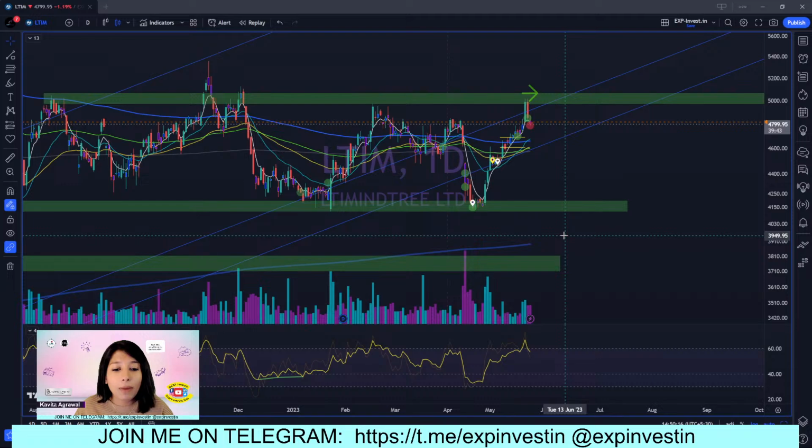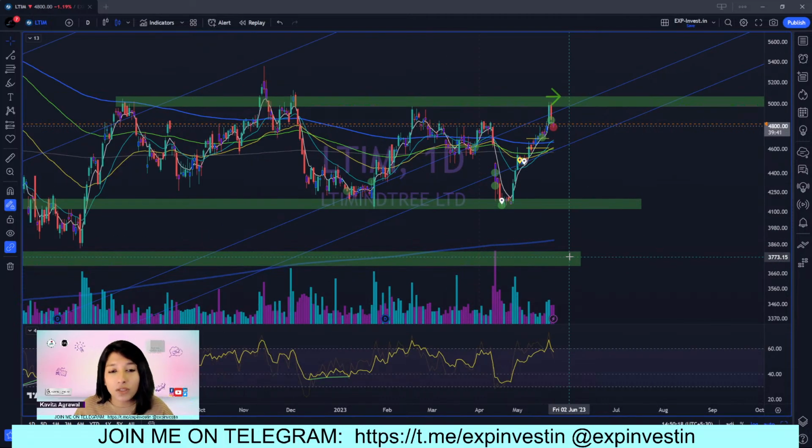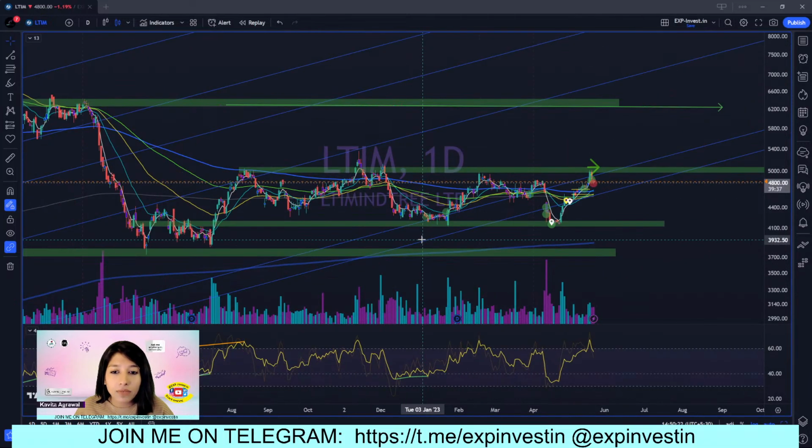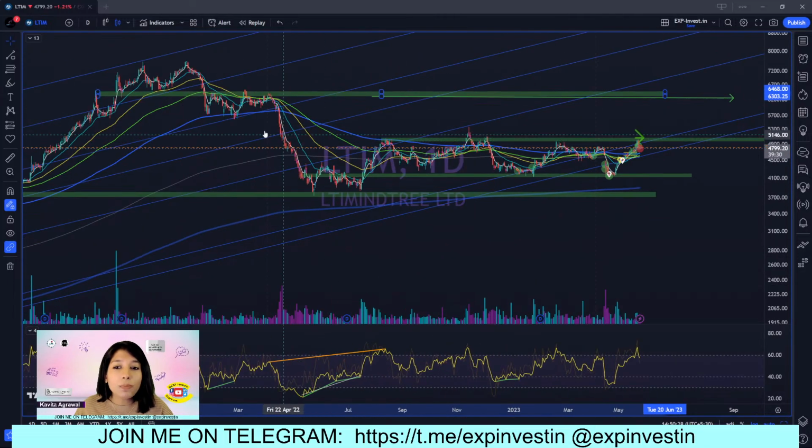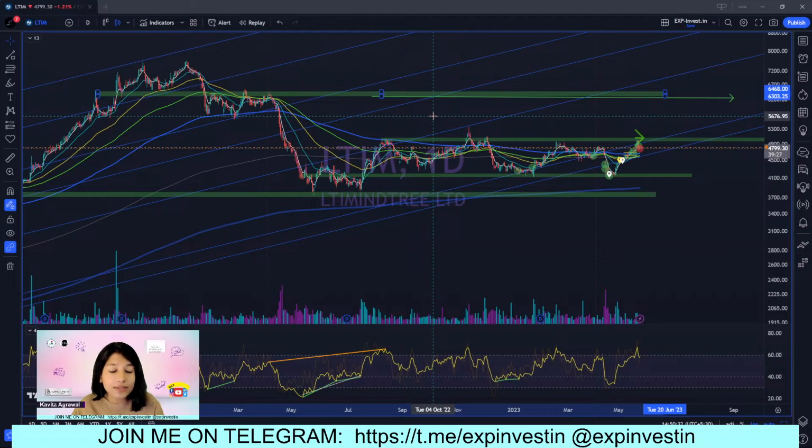Now let's further get into the discussion of cloning. Here in this LTIM daily time frame, you can see that I use these green triangles to mark the horizontal zones on the charts.